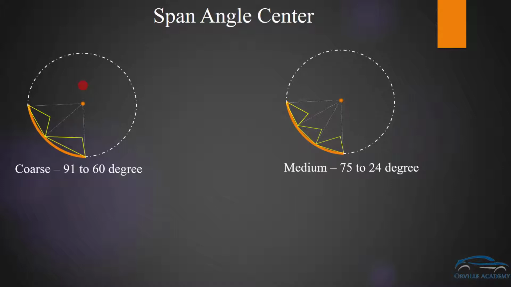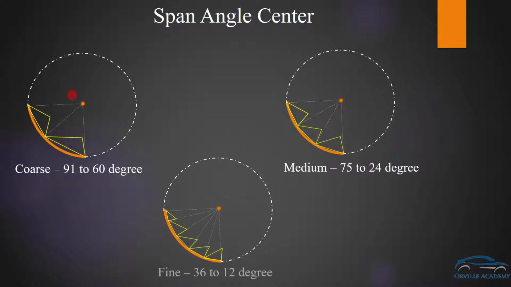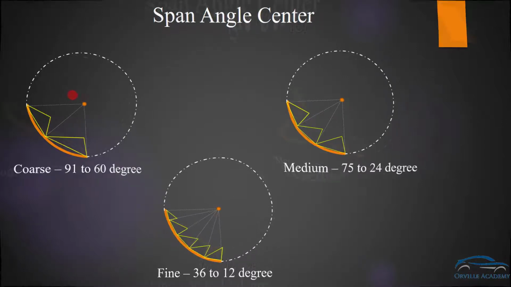Now let us set the span angle center to fine and observe how the element placement will look. You can see once the span angle center has been set to fine, more elements are getting placed on the curvature. So the point I am trying to make here is that with the span angle center we can control the number of elements which are going to be placed on the curvature.